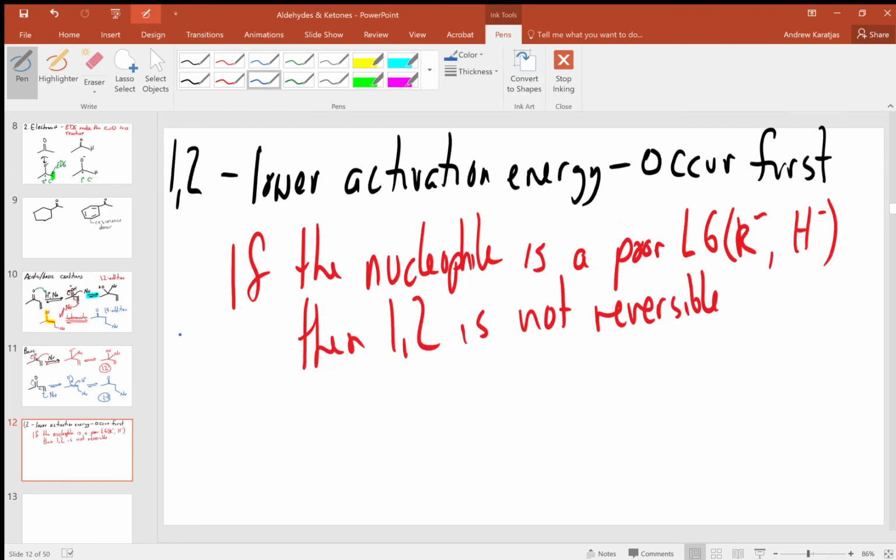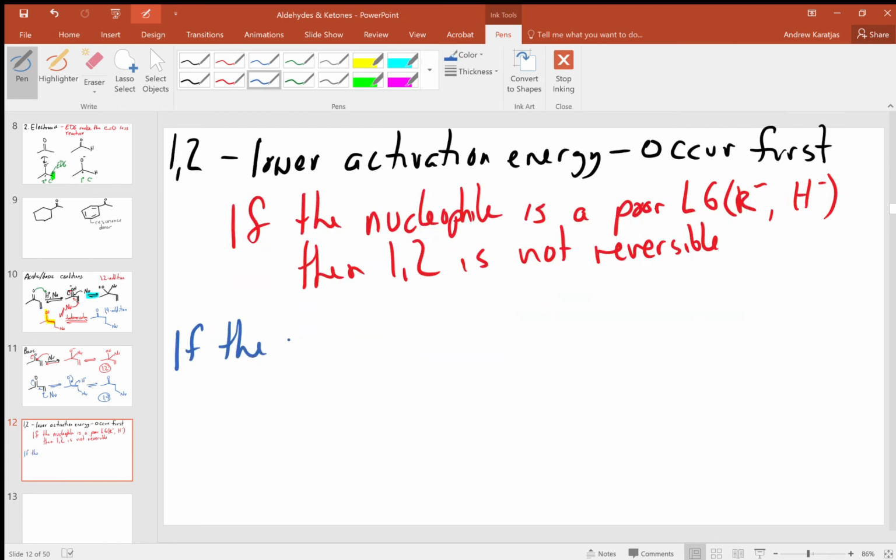However, if the nucleophile can be a leaving group, and notice that wording is very specific. Doesn't mean it's a good leaving group, just means that it can be a leaving group.